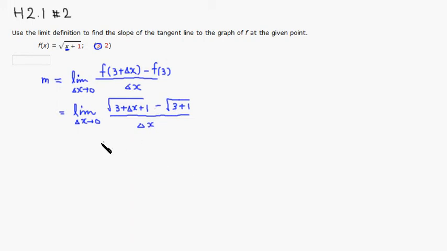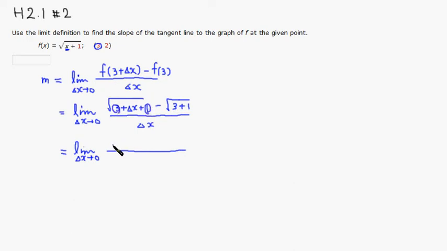Right? So let's clean up a bit. We can simplify a little bit first. So we have a limit as delta x approaches 0. We haven't taken the limit; we're still working on the difference quotient. But here we can combine 3 and 1 together.